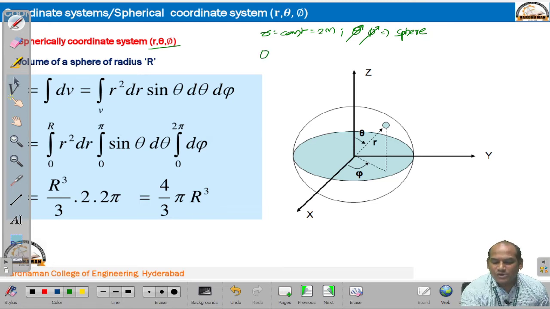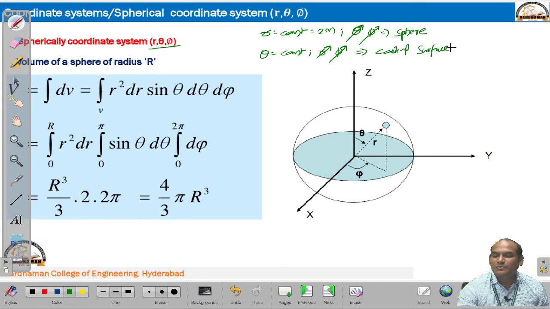Then theta equal to constant means you are varying the r value and you are varying the phi value. Then what you can draw is a conical surface. So now the point is available on this particular conical surface. If I give both r and theta values, only phi is varying.